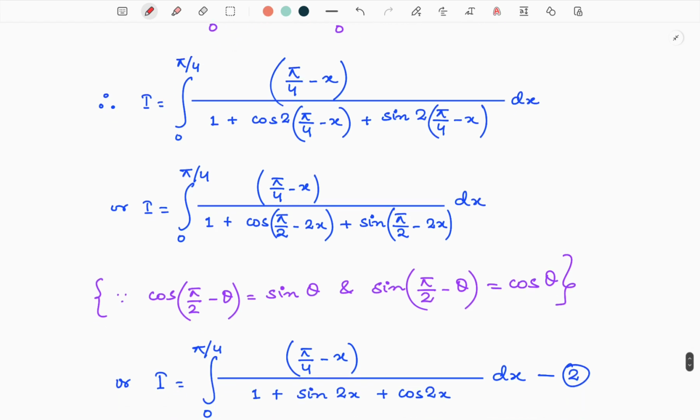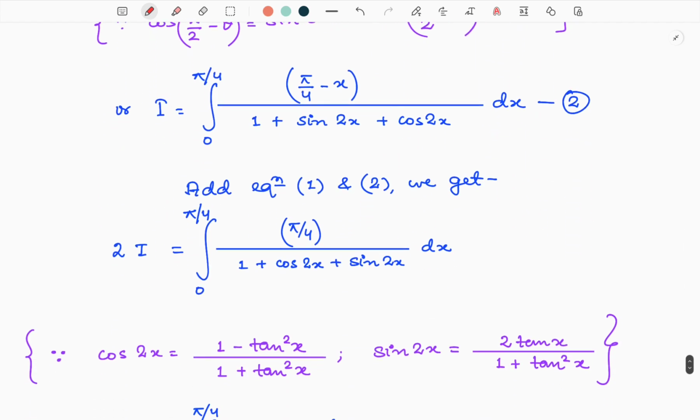You should know cos of pi by 2 minus theta is sin theta, and sin of pi by 2 minus theta is cos theta. And then you will get I as integral from 0 to pi by 4 of (pi by 4 minus x) upon 1 plus sin 2x plus cos 2x dx.